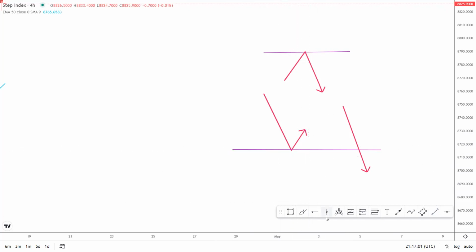You're most likely seeing that price will find its way to the next daily key level.